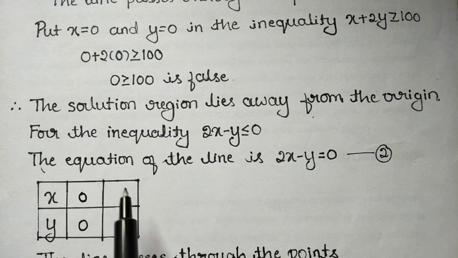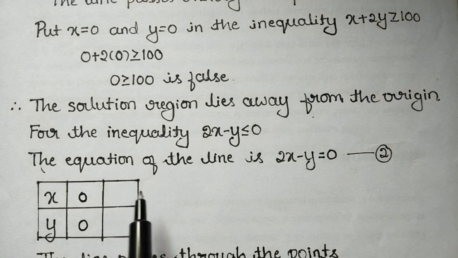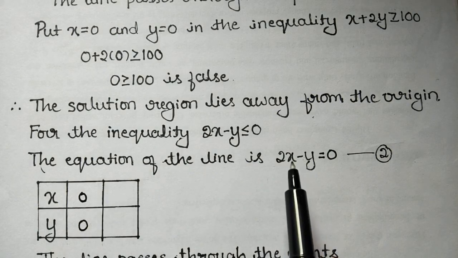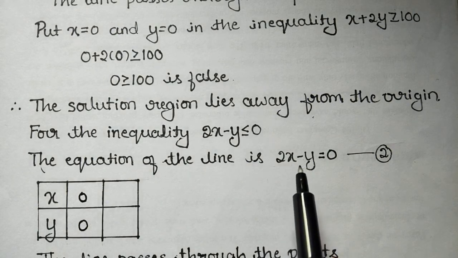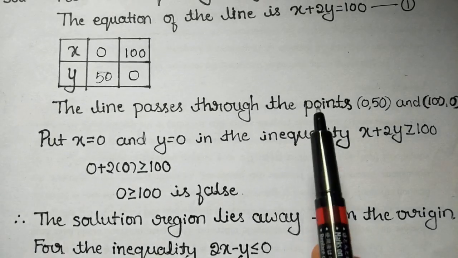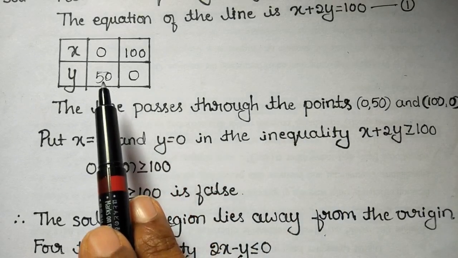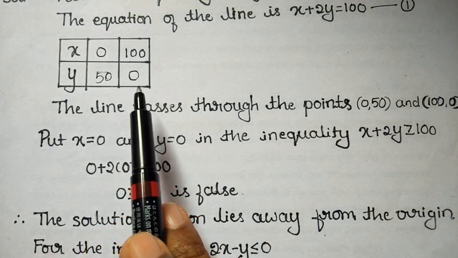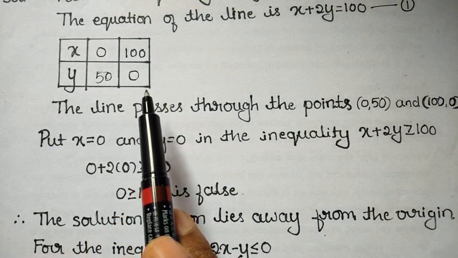So to find another point on the line, we have to substitute any other value for the variable x. Which value can we substitute here? You can substitute 1, 2 or any value. But observe here, for the first line, we have the points (0, 50) and (100, 0). They are in terms of multiples of 10.